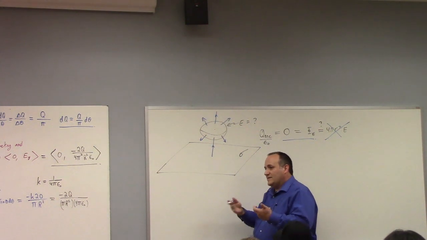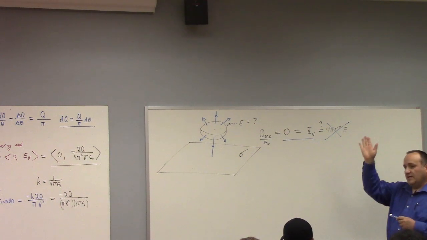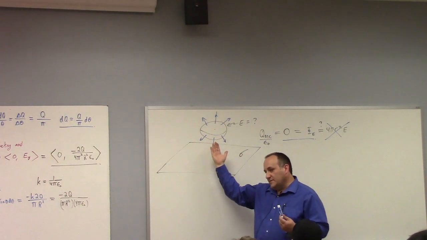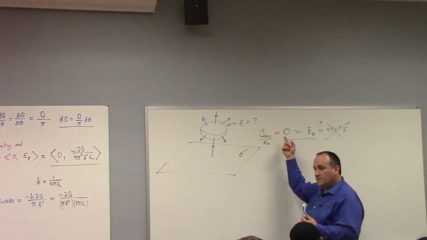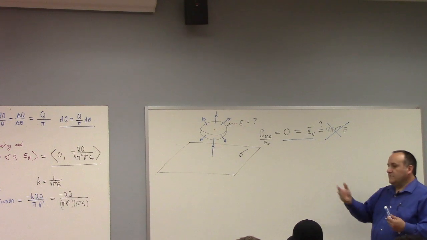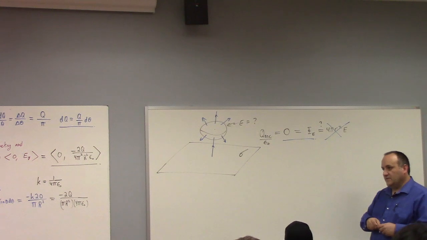So the flux calculation is quite complicated for this vertical electric field. And yet it's obvious that the field lines that come through the bottom of the Gaussian sphere go out the top, which is why we have a net flux of 0, right? And this is true for any closed surface. The net flux through a closed surface that doesn't contain charge is 0.